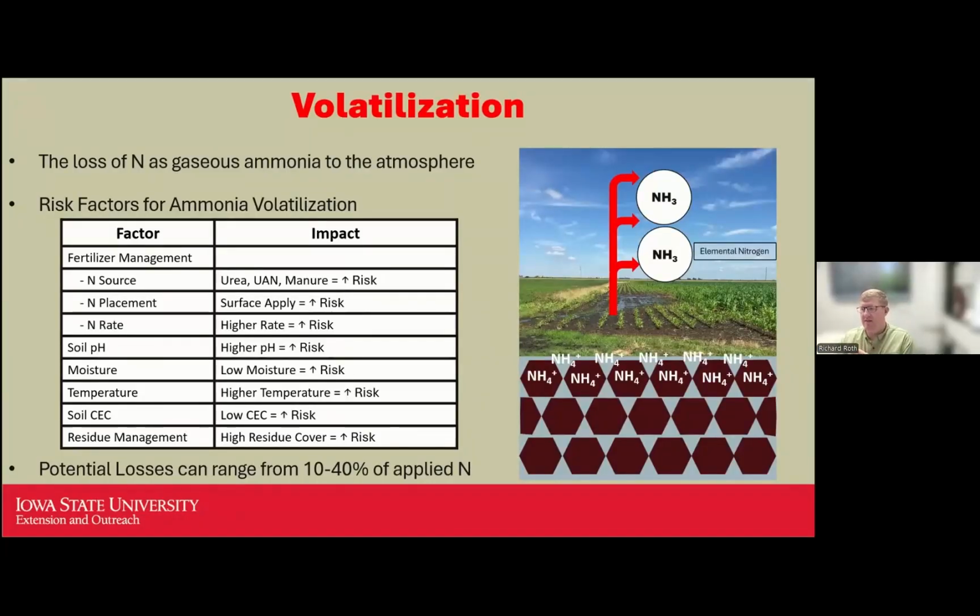I'm going to get into this on the next slide, but there are some tools and methods we can use to help minimize this. We can lose a lot of nitrogen this way, anywhere from 10 all the way up to 40% of what we apply, depending on these different factors.